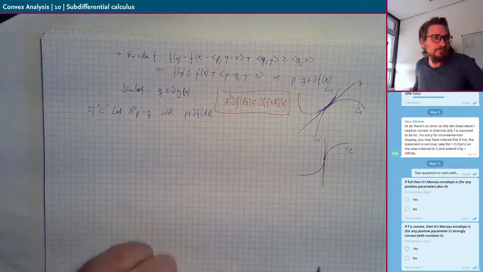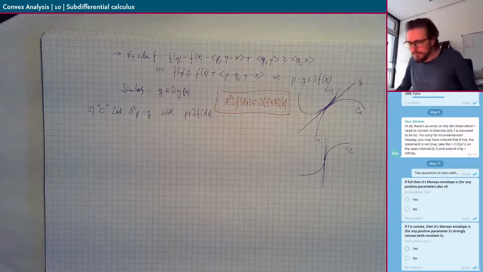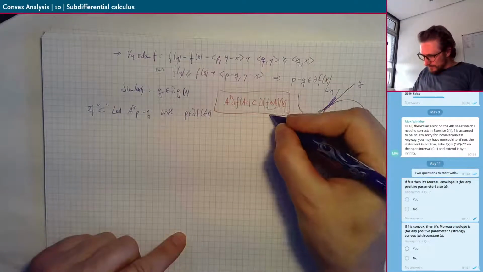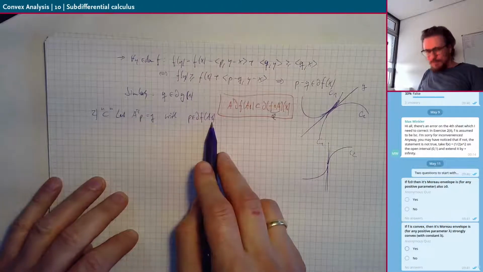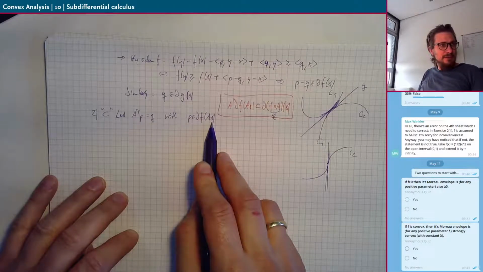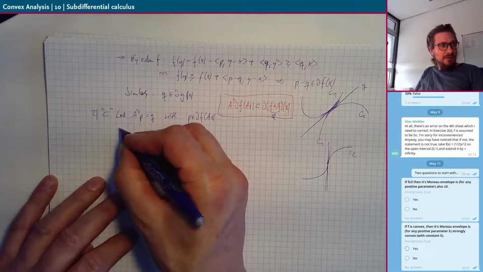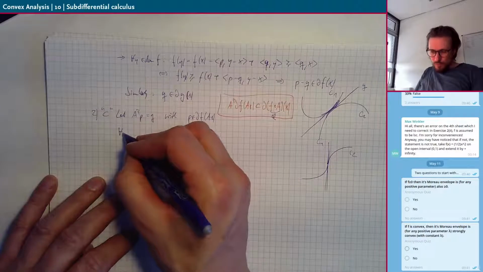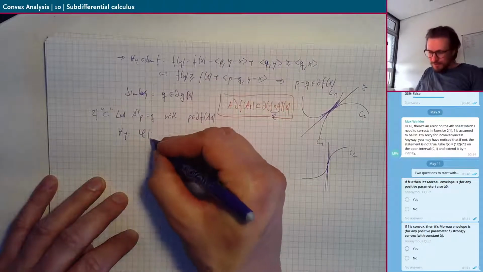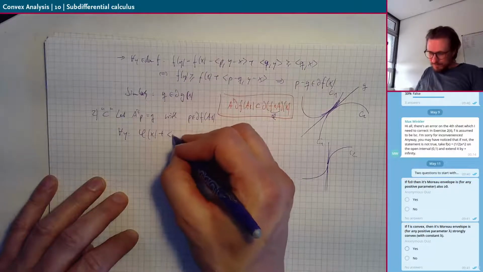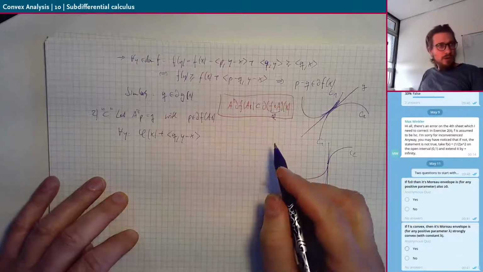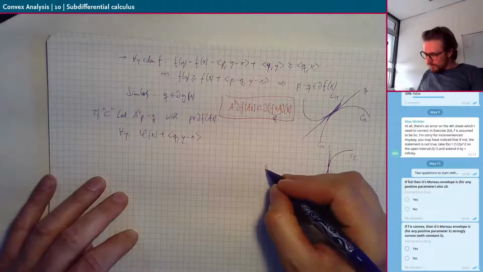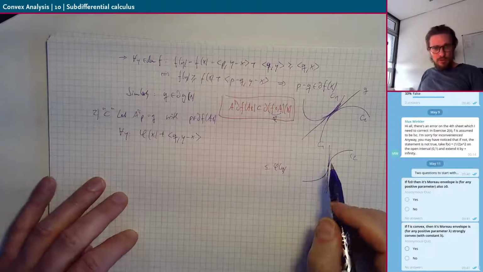Okay. So what does that mean? And this here is what we call phi. So just using this subgradient inequality here, this gives us now for all y, we start with phi of x plus q times y minus x, and our goal is to show that this is always larger equal to phi of y.